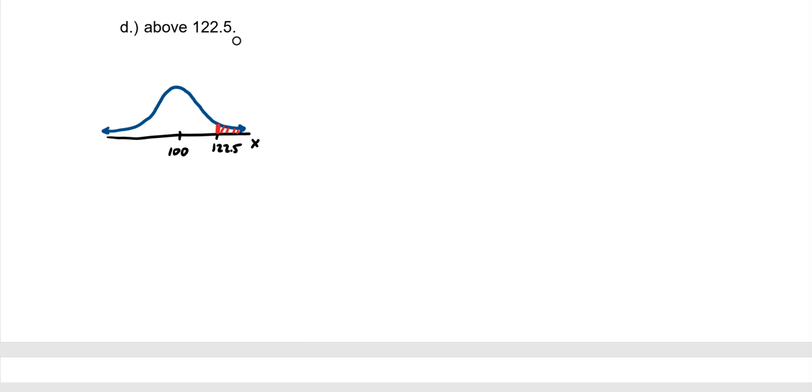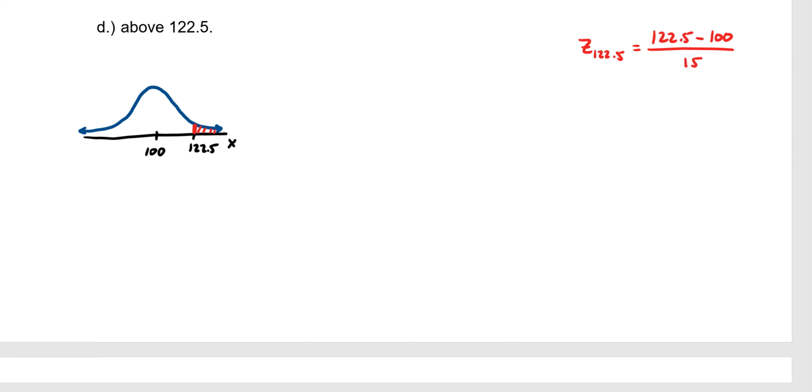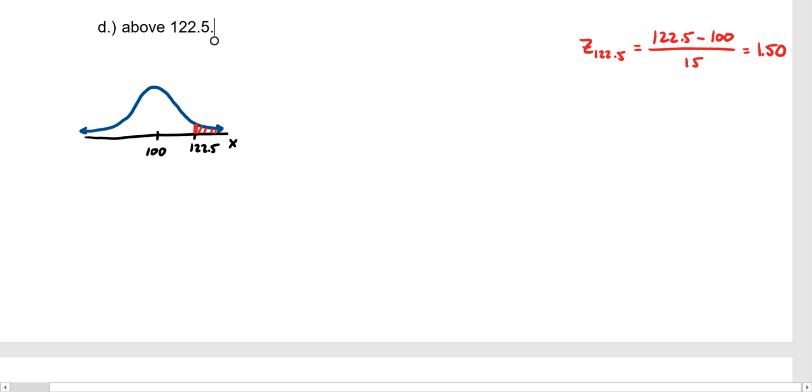So we need to find the z-score. So z for 122.5 is going to be 122.5 minus the mean over the standard deviation. That's going to give us 1.5, which is 1.50 to the nearest hundredth.